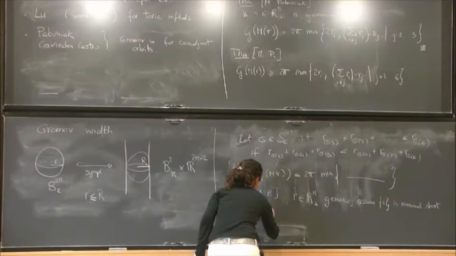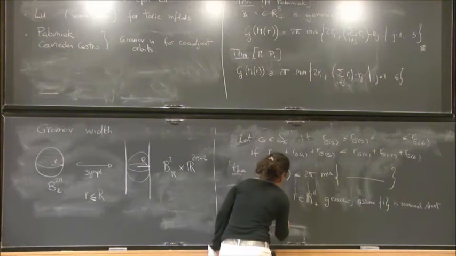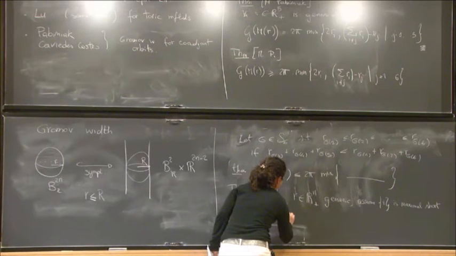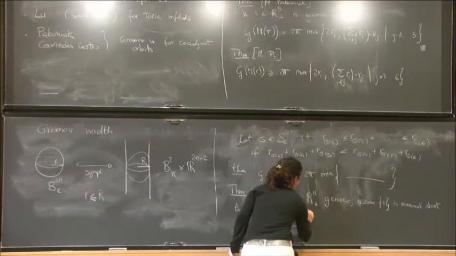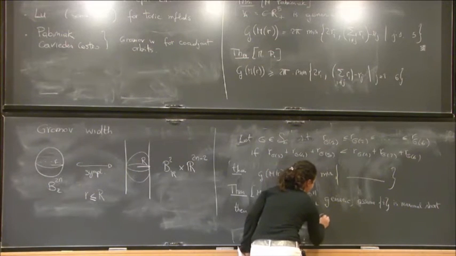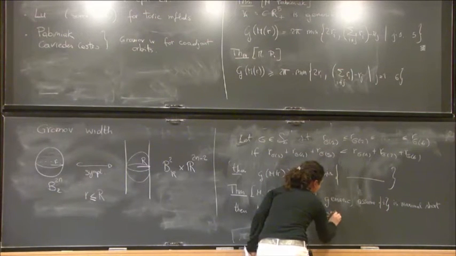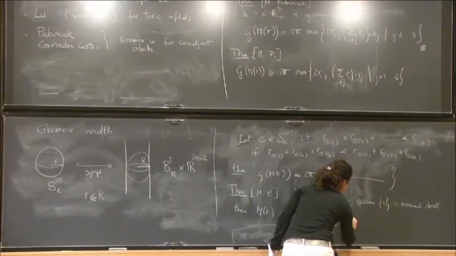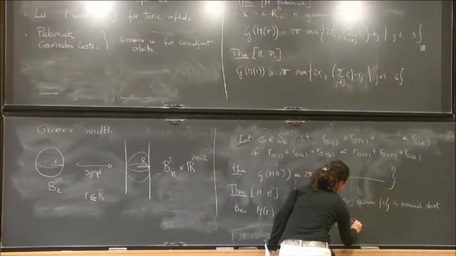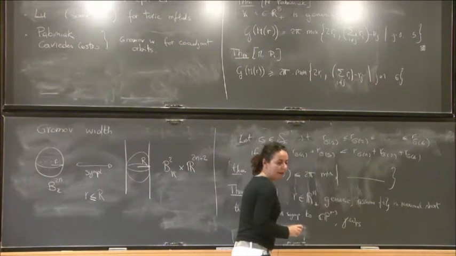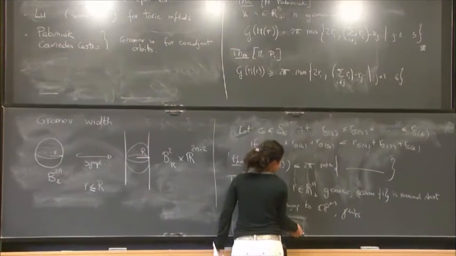Then the polygon space M_R is symplectomorphic to CP^{n-3} equipped with a multiple of the Fubini-Study symplectic form.